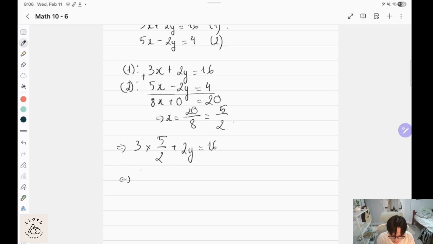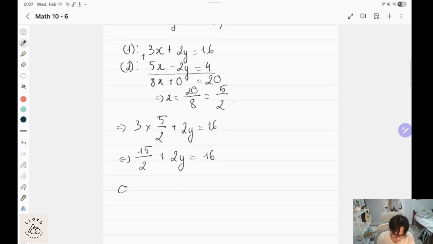And this one I got 15 over 2 plus 2y equal to 16. So 2y is equal to 32 over 2 minus 15 over 2.